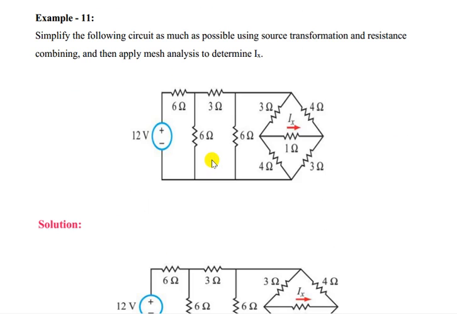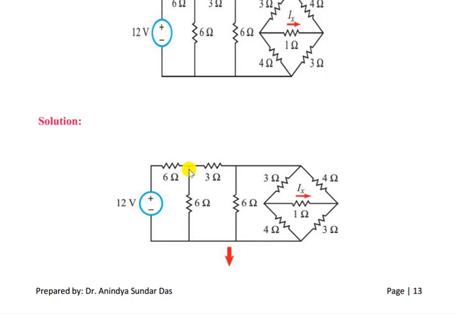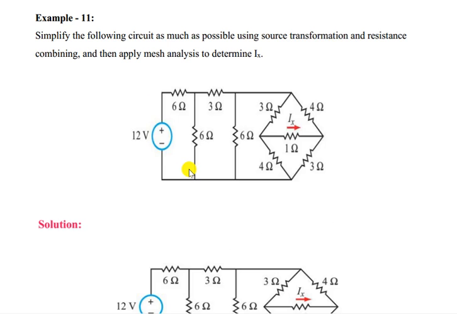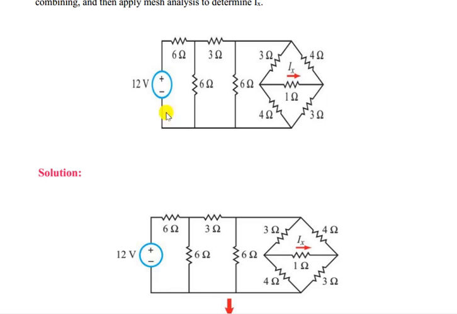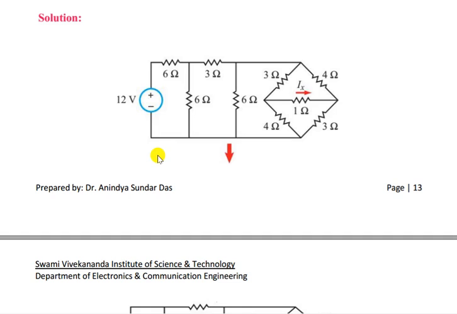Now this is another type of problem. Here let me use some other technique also merged with this mesh analysis. That is, we have a 12 volt source in series with 6 ohm resistor, right? That we can convert using source transformation to current source, because we have 1, 2, 3, 4, 5 meshes, right? So let us reduce that number of meshes. How?